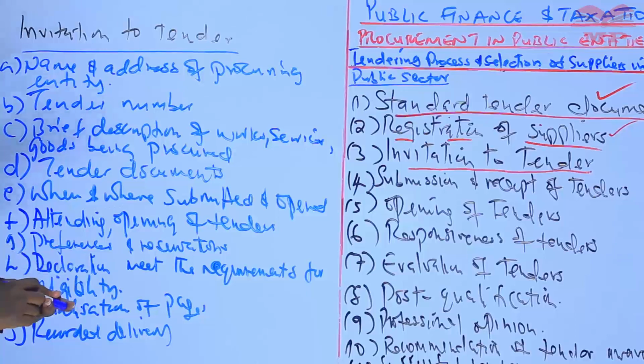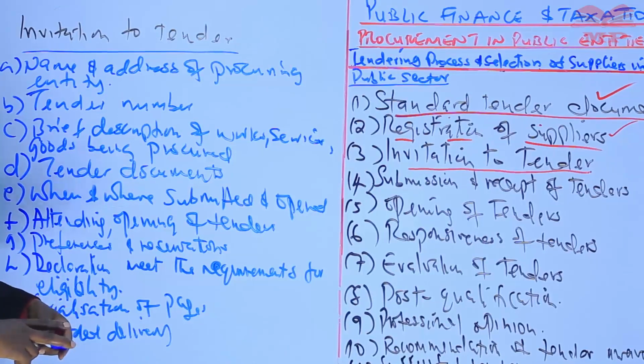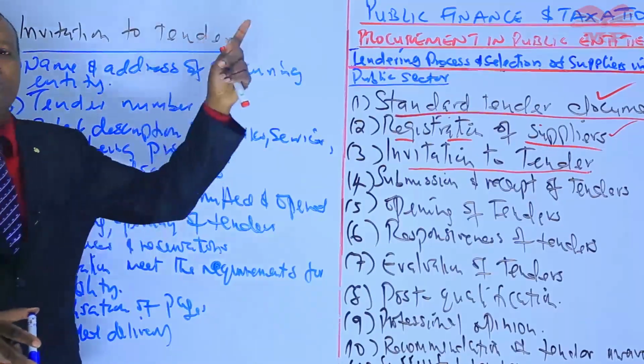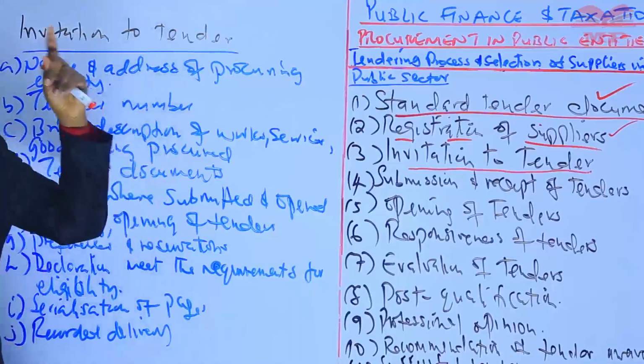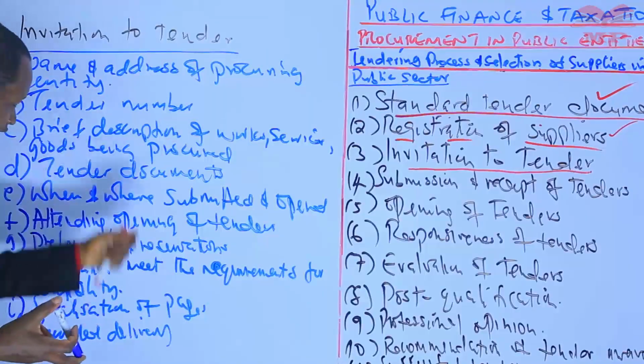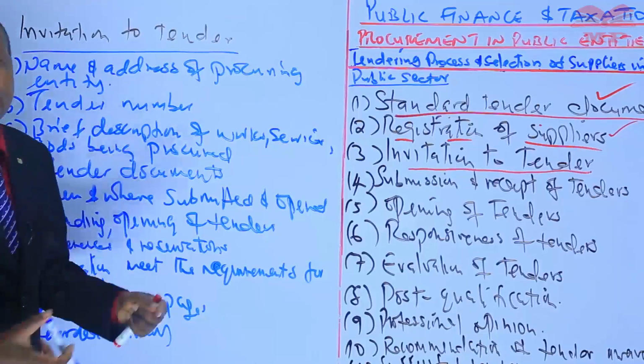After the tenderers have applied for the tenders and the documents are to be delivered, then that delivery has to be recorded, as evidence of having received the tender document.